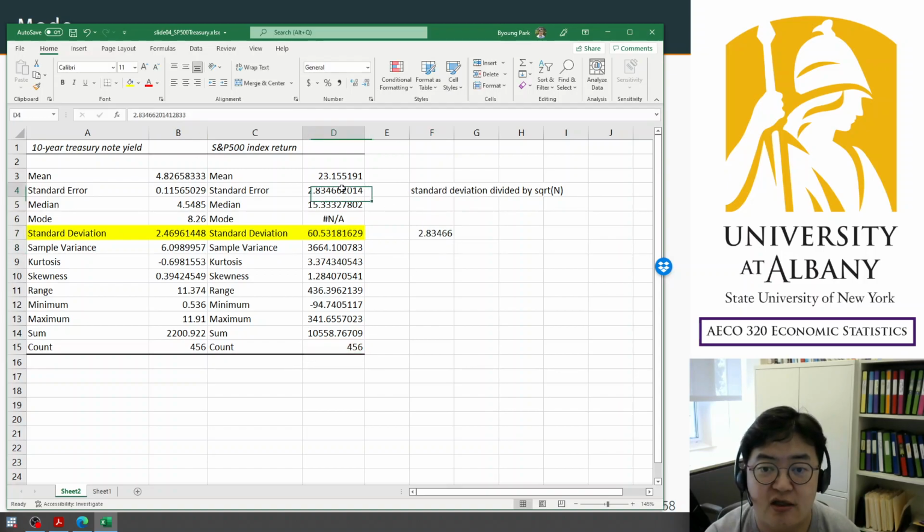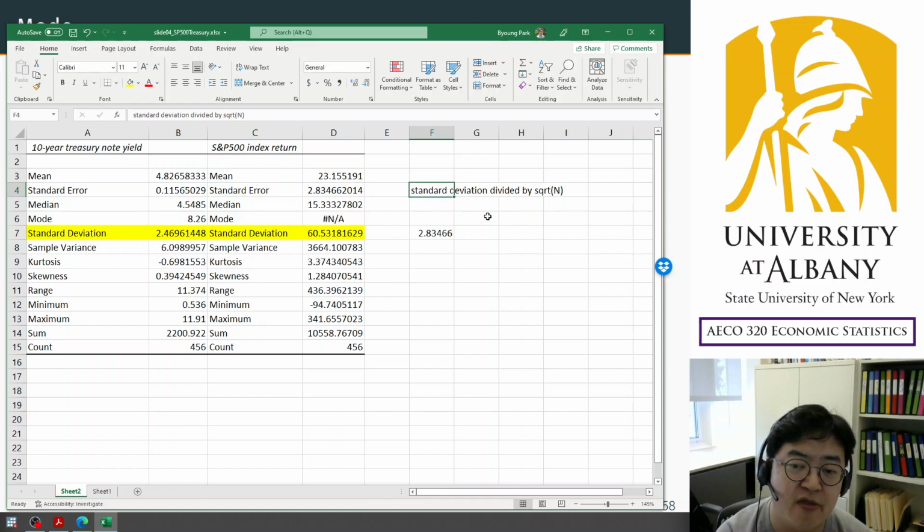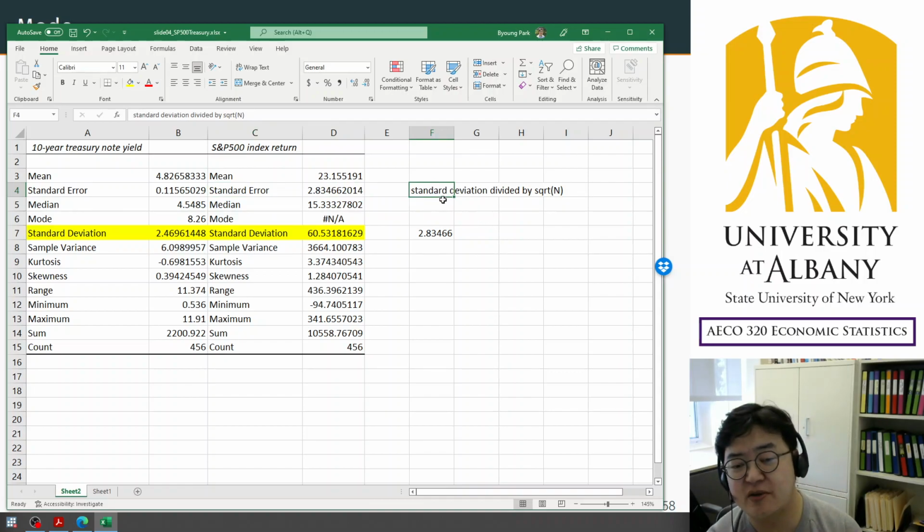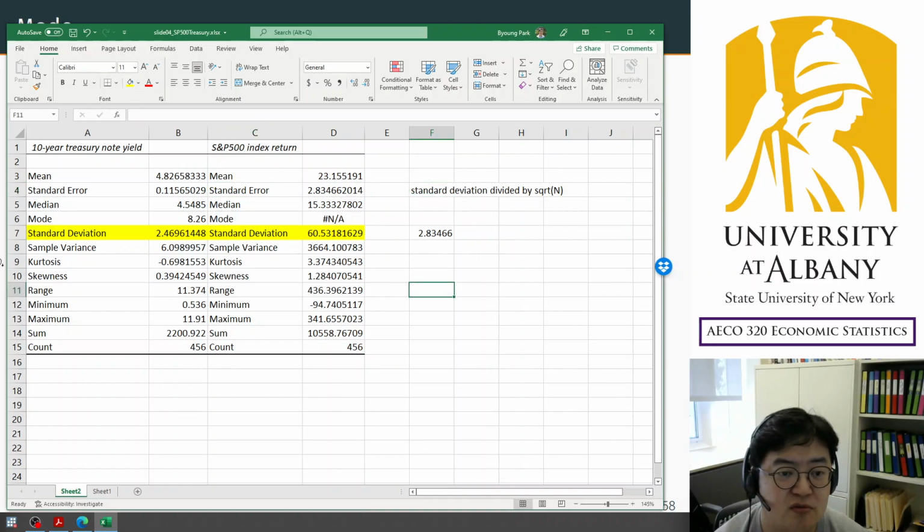Then you are going to get this number, the standard error. So standard error is standard deviation divided by the square root of n, which we are going to learn in chapter 8 or so. So wait until then.